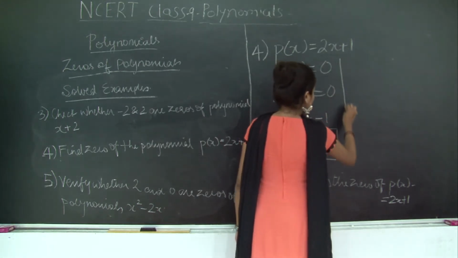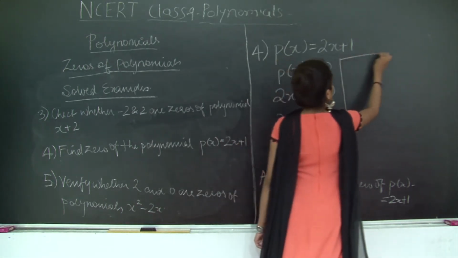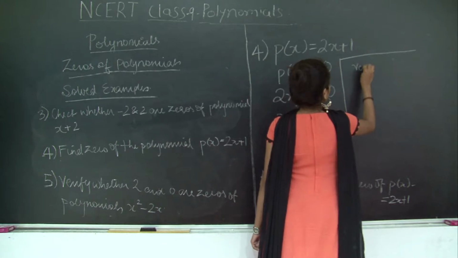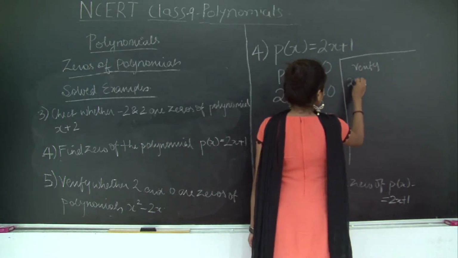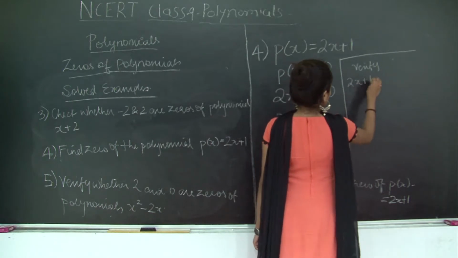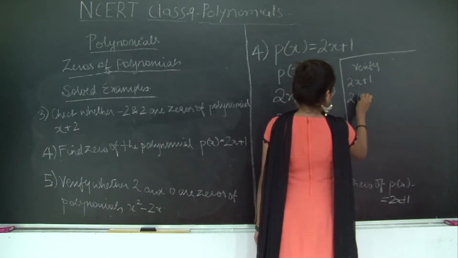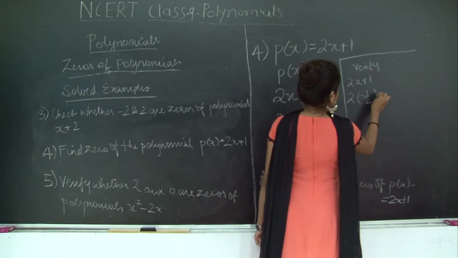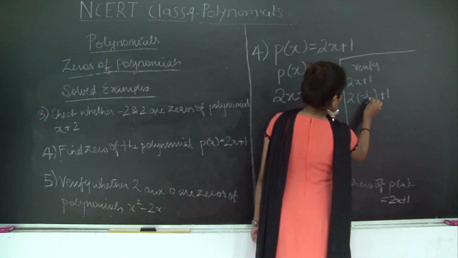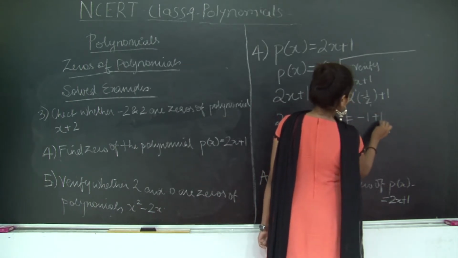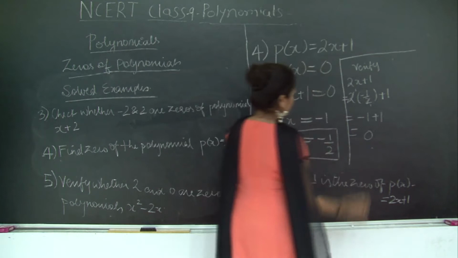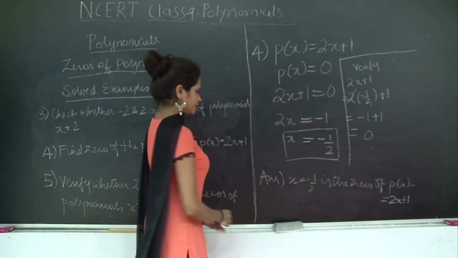So, let's verify this. 2x plus 1, I am substituting minus half. So, 2 ones are 2, 2 ones are 2, this is equal to minus 1 plus 1, which is equal to 0. Hence, this is proved.